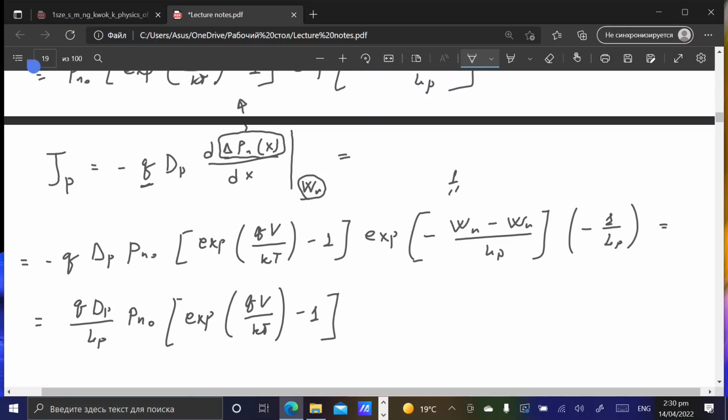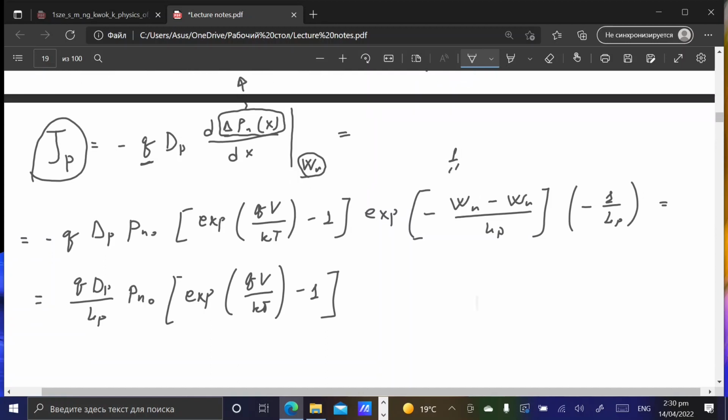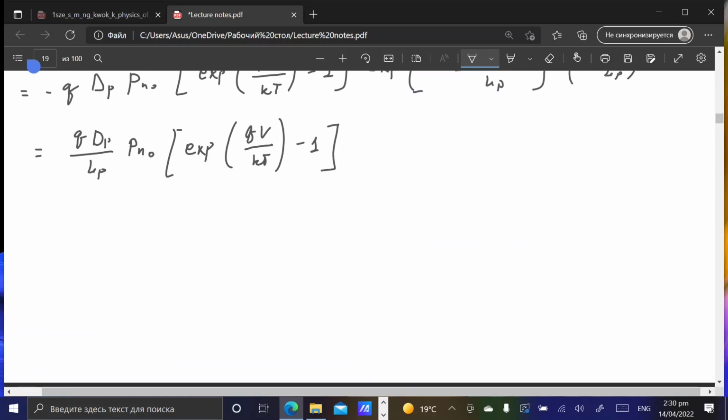So that is one of the current components, which stands for minority holes. We can write a similar equation for the electron component, and the total current which will flow through the p-n junction will be a sum of these two currents.